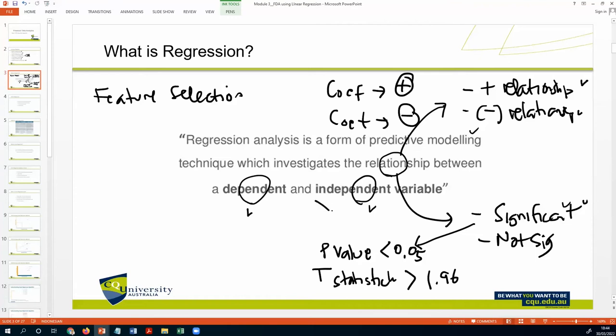So there is not only one, maybe 10 independent variables. By using regression analysis, we can identify which variable has a significant relationship with the dependent variable. So this is the concept of regression analysis.